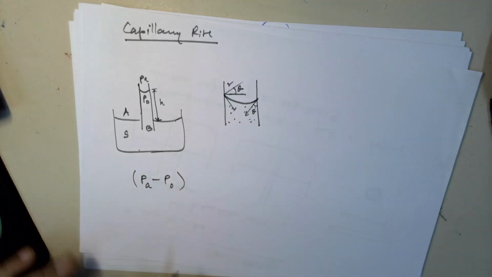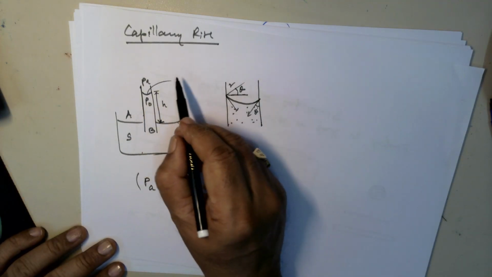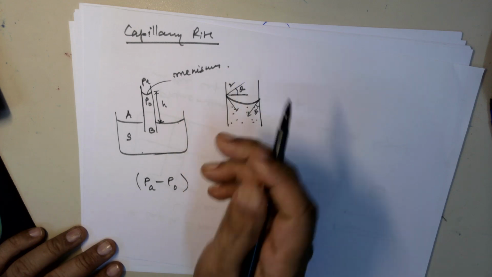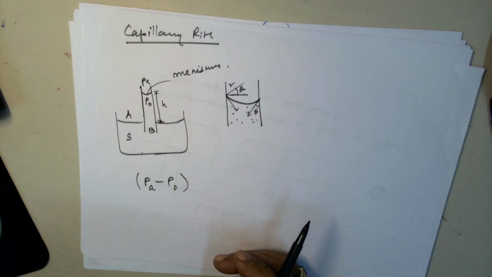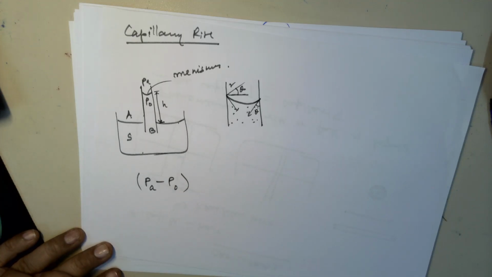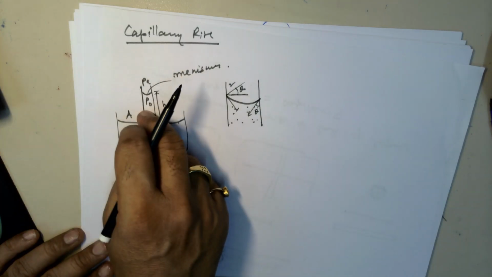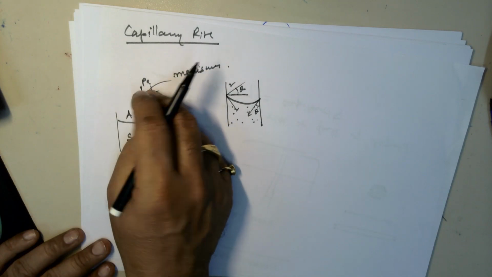This is the pressure difference between the two sides of the meniscus of the liquid inside the capillary tube.